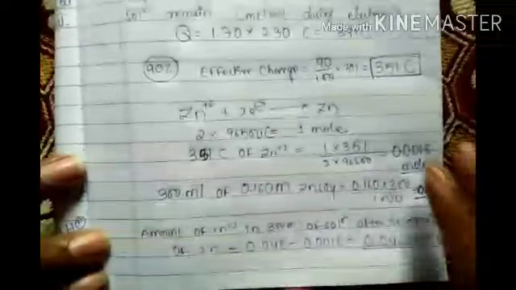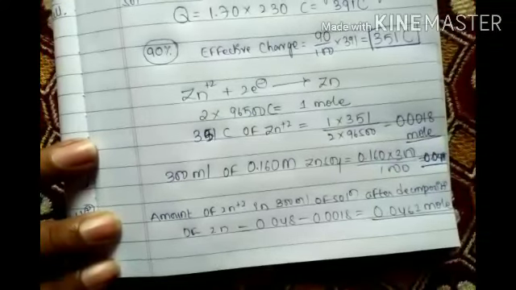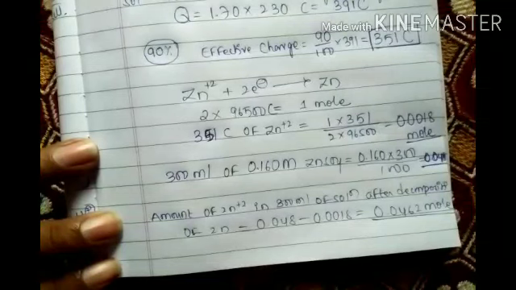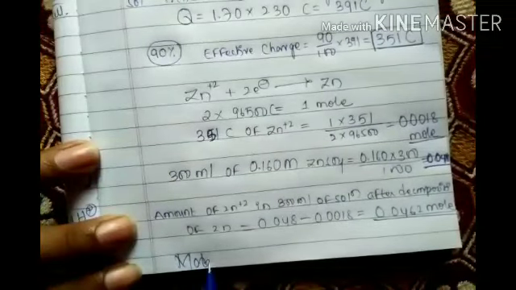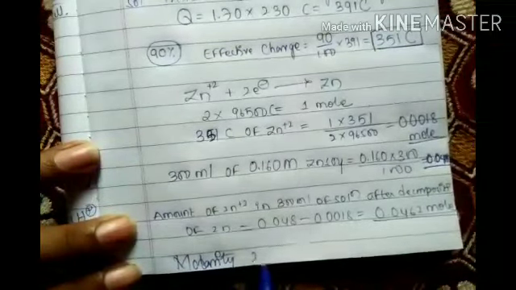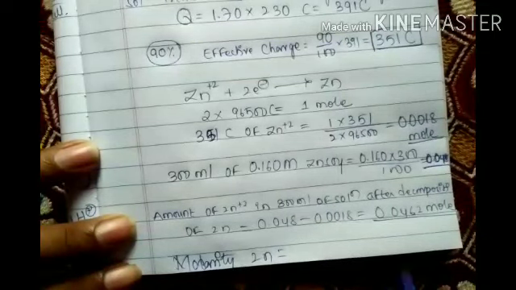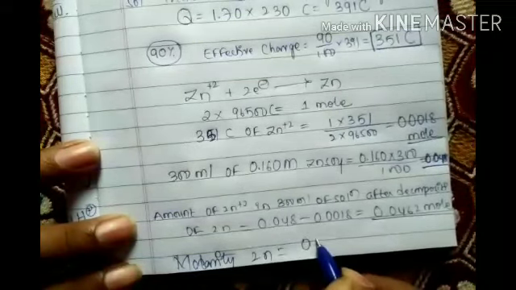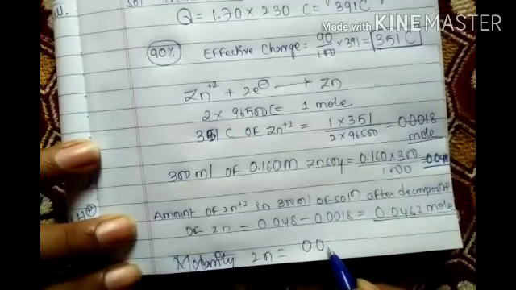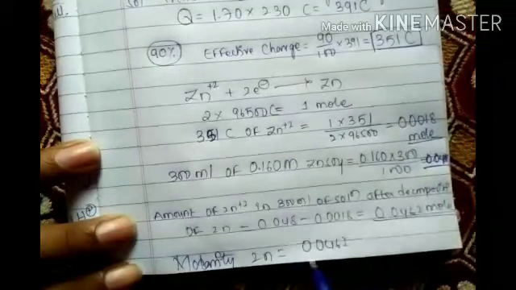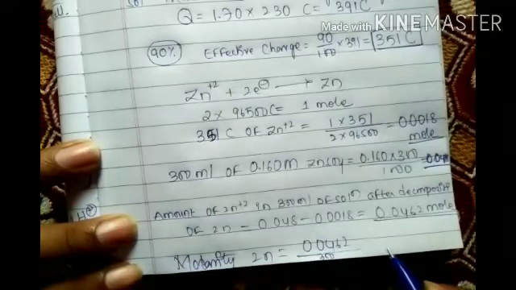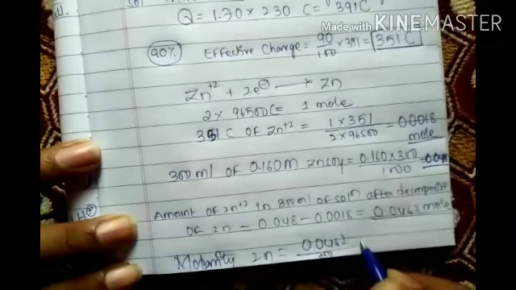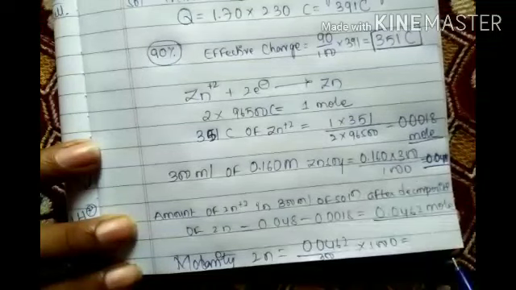Now calculate the molarity of Zn. Given number of moles 0.0462 in 300 ml given solution, into 1000.